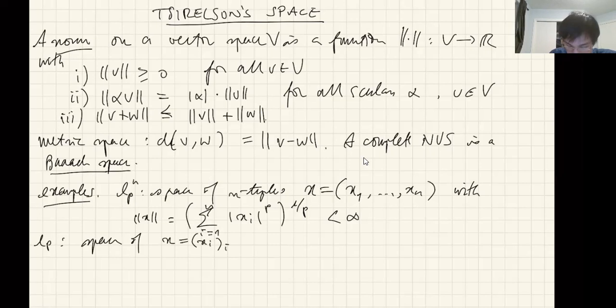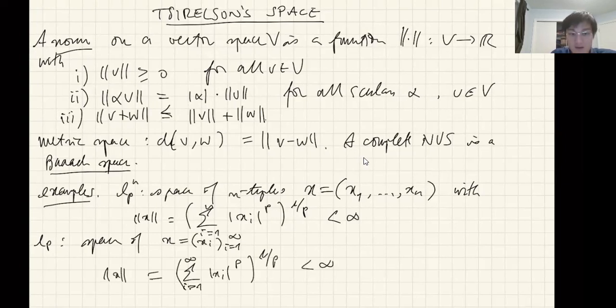They're just xi for i equals 1 to infinity. It's similar: we just want this sum, but now we go up to infinity, to be finite. And if the sum is finite, we can set this to be the norm, and we get an infinite dimensional Banach space.